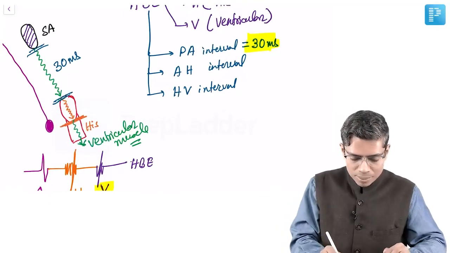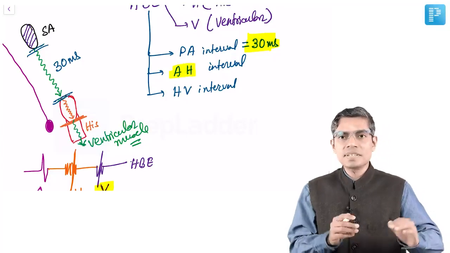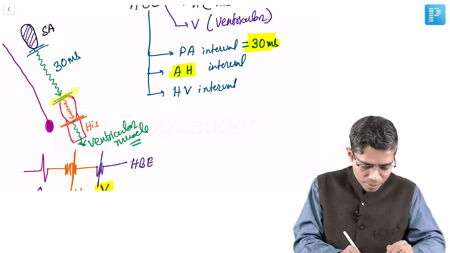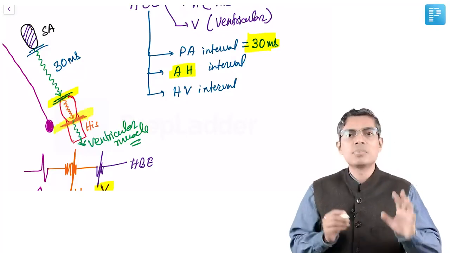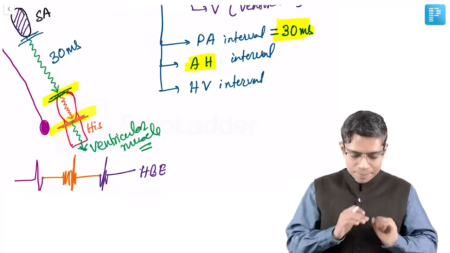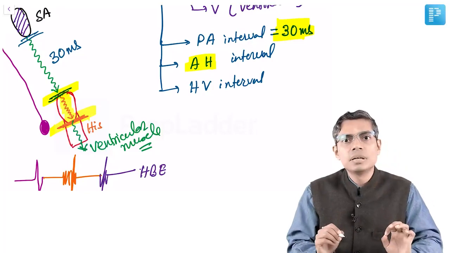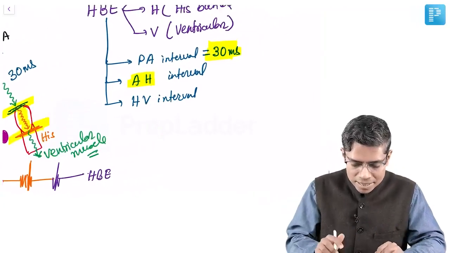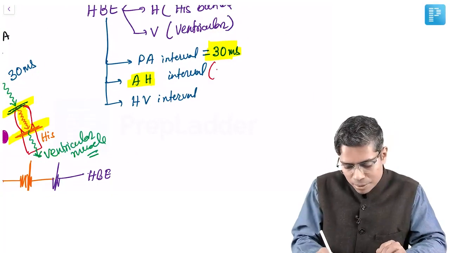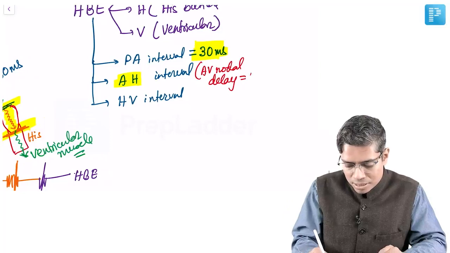Similarly, if I ask you what about the AH interval? AH interval means from here up to this bundle of His, how much time is required? This time is nothing but the time which is required to cross this AV node. So simple, AH interval is nothing but your AV nodal delay, and AV nodal delay is approximately 100 millisecond.